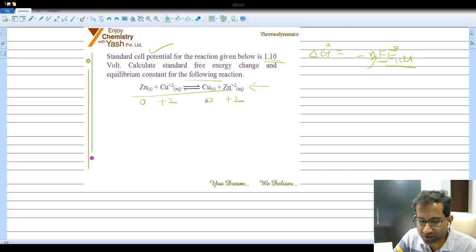So zinc becomes zinc plus 2, that is oxidation, and copper plus 2 becomes 0, that is reduction.